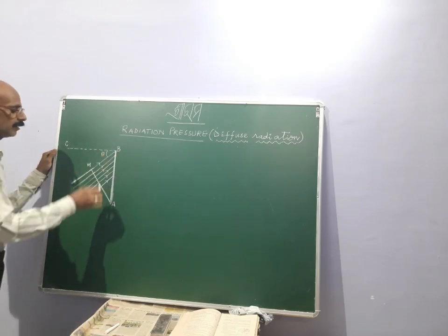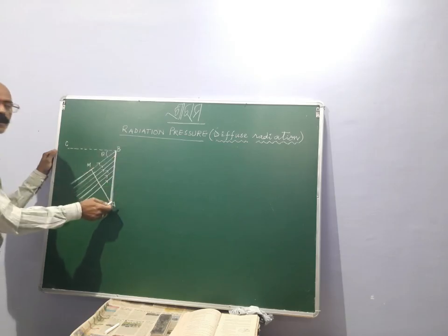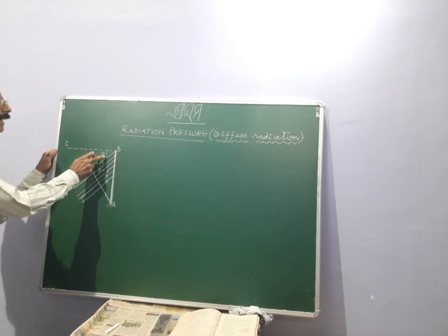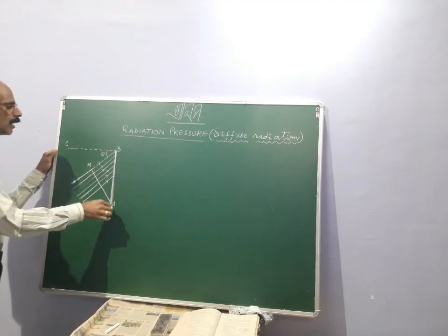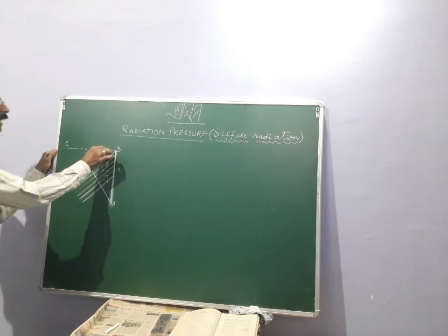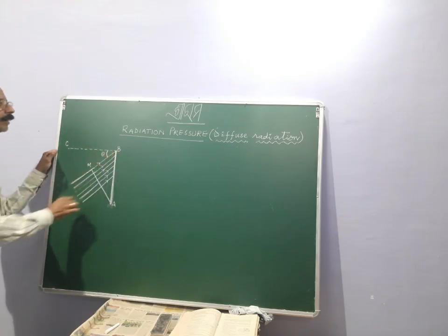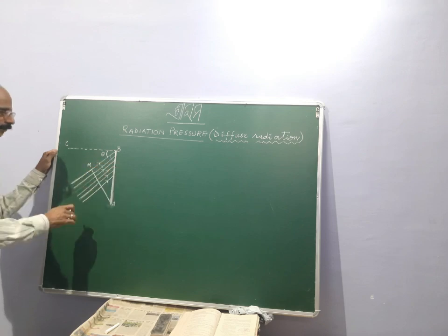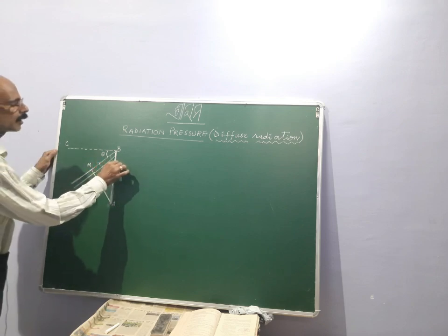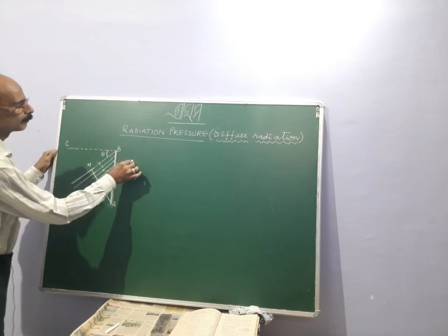Beam of radiation falls on the surface AB with an angle theta to the normal. This is the normal to the surface AB. So the beam of radiation makes an angle theta with the normal. That means with the surface the angle is 90 minus theta.